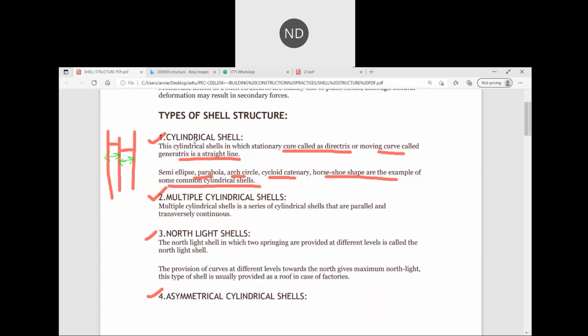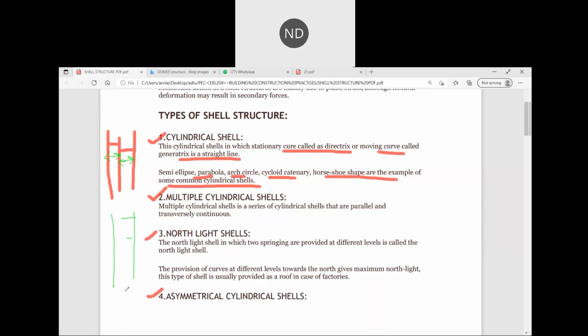So obviously, whenever it is cylindrical, it will have the stationary directrix or a moving curve. Moving curve is called the generatrix. If it is a cylindrical shell, it can be your moving curve, because if it moves from here to here, it is the same, and from here to here also it is the same.